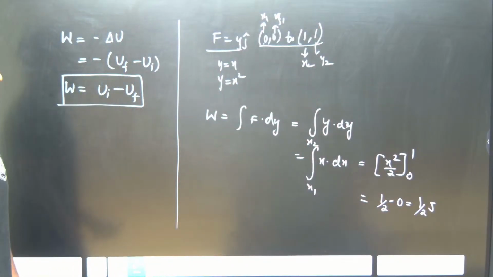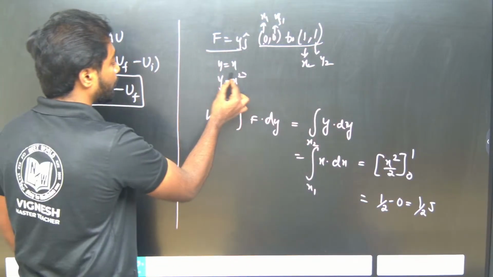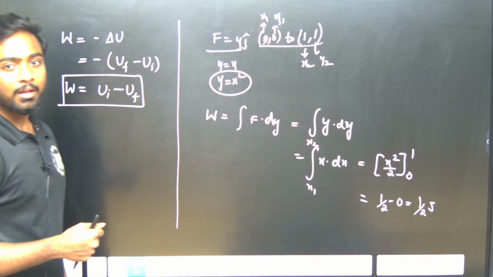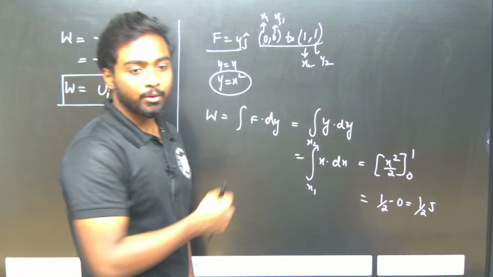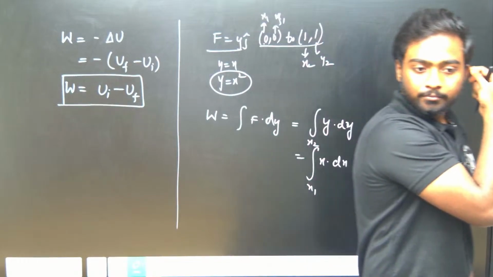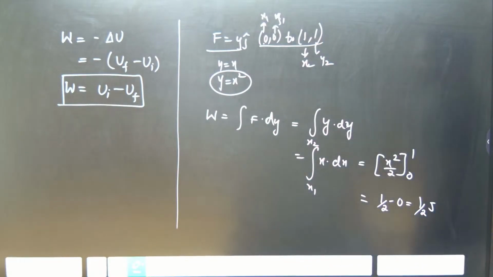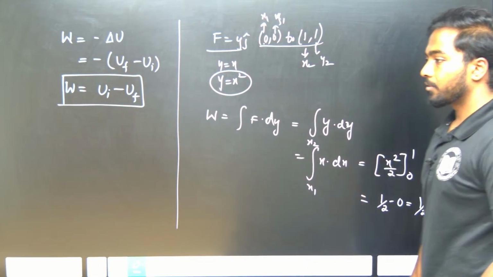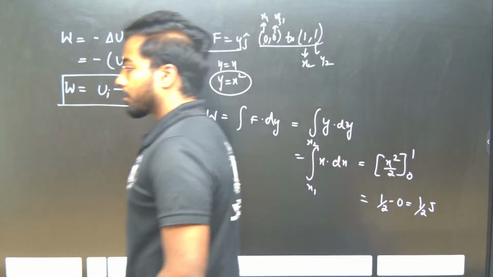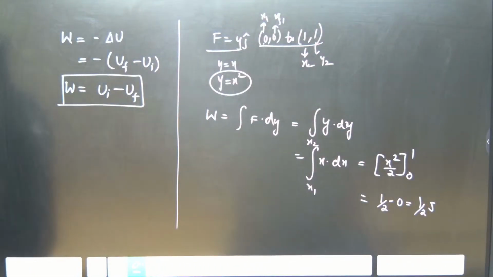So can you give the answer for the second question? If y is equal to x square, can you give the answer for this question? Whoever is watching online can also give the answer in the comment boxes, we can check it.